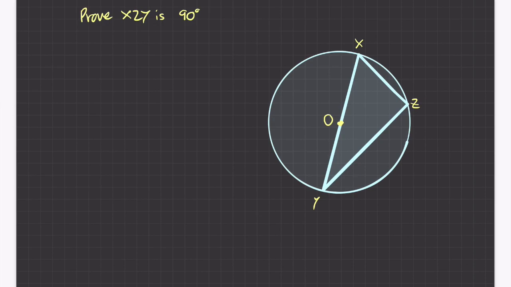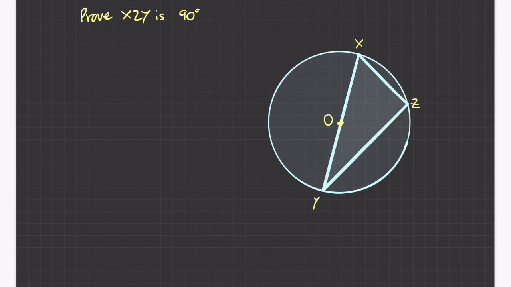So to get started, we're going to draw a radius from the center, O, to Z. I'm going to do that because it's going to create two isosceles triangles. Here's one, and here's the other isosceles triangle.